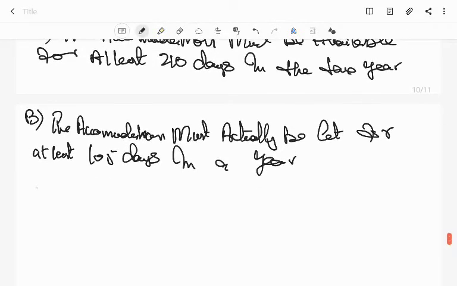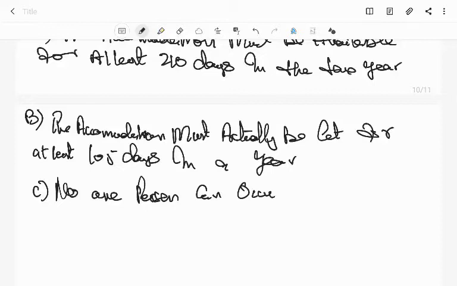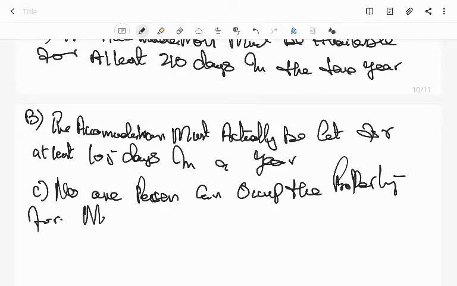Then no one person can occupy the property for more than 31 consecutive days.